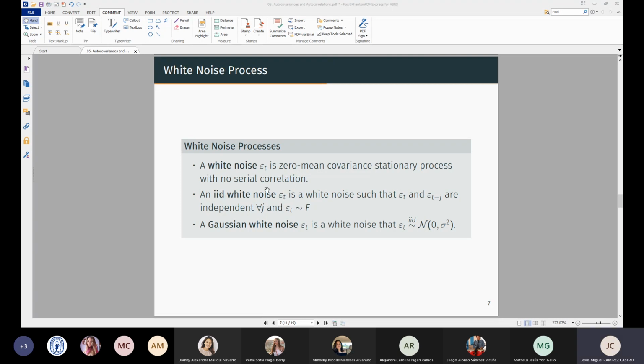Then we have the IID white noise. This white noise has this property: epsilon t and epsilon t minus j are independent, for all j, and these guys come from the same distribution.